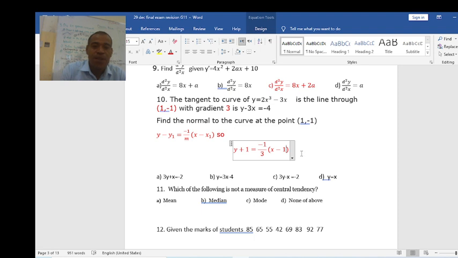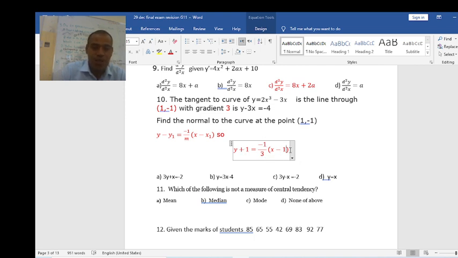Clear? Now it's better to multiply the expression on the left hand side by 3, to multiply all of this by the reverse of 1 over 3.